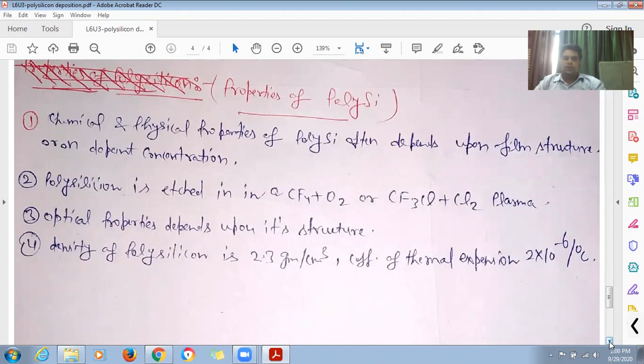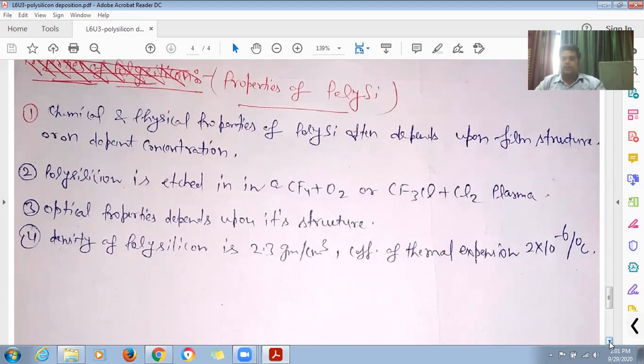Polysilicon is basically etched in a CF4 and oxygen mixture or a CF3Cl plus chlorine plasma. Now, the optical properties of polysilicon depend upon its structure. Other properties of polysilicon are its density, which is 2.3 gram per centimeter cube, and its coefficient of thermal expansion, which is 2 times 10 raised to the power minus 6 per degree centigrade.